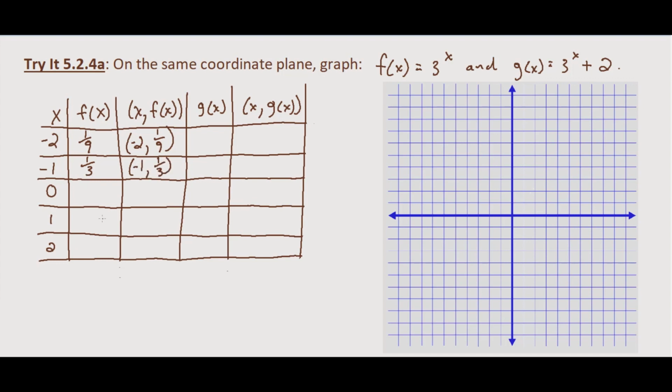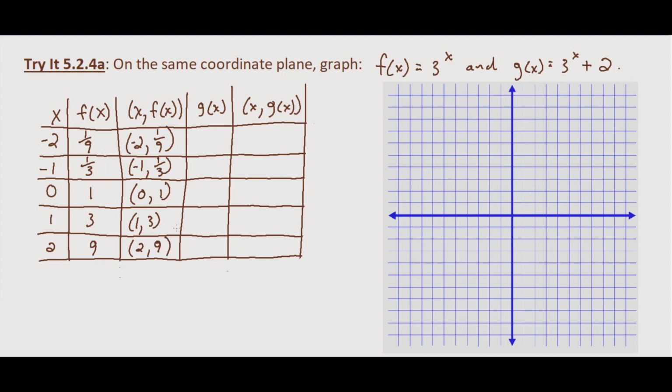At 0, f of 0 is 3 to the 0, which is just 1. So that's going to give us the point 0, 1. At 1, we have 3 to the 1, which is going to be 3. So that gives us the point 1, 3. And at 2, we have 3 squared.